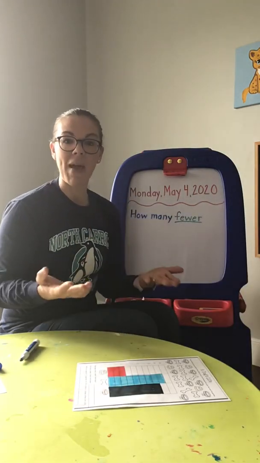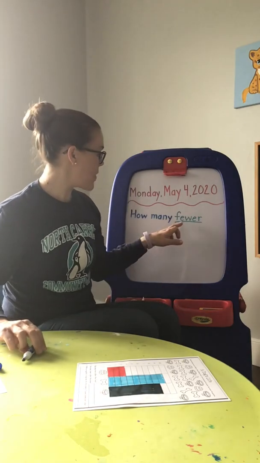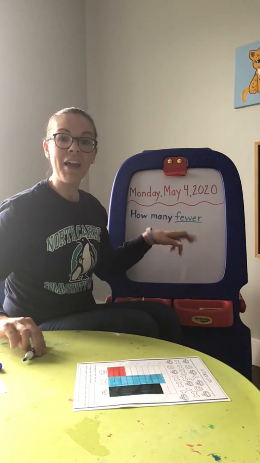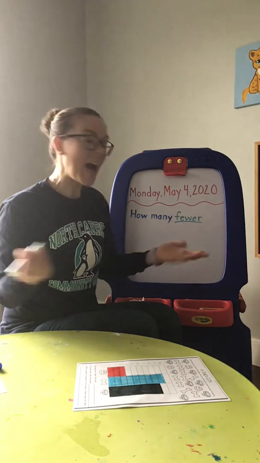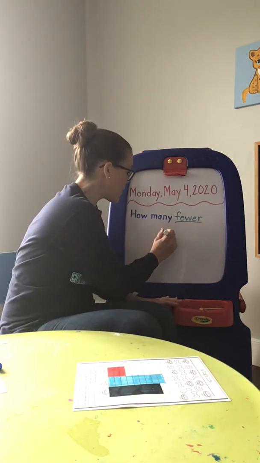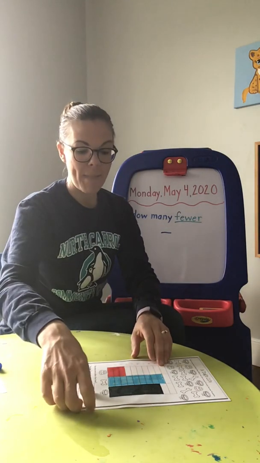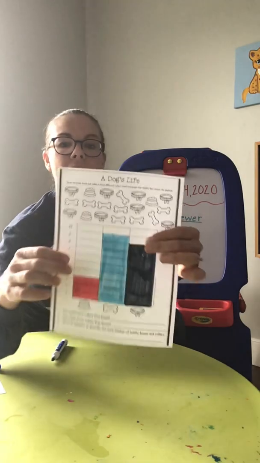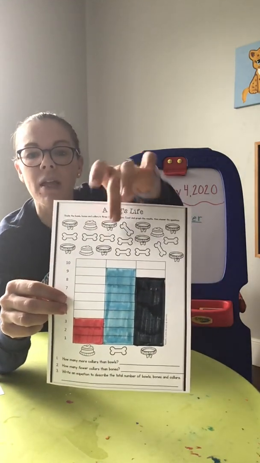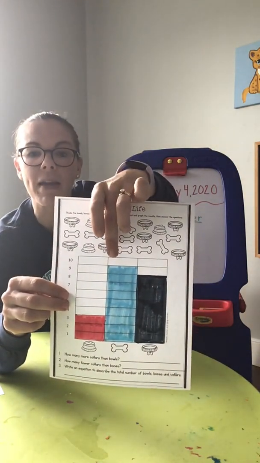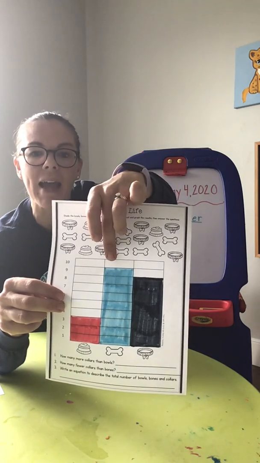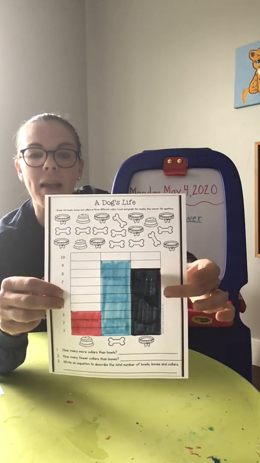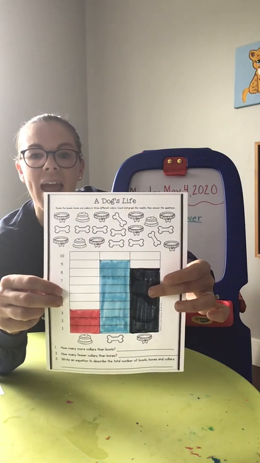Just like how many more, anytime you hear the words how many fewer, you're going to subtract, all right? So my equation would be my biggest number, so if I'm comparing how many fewer collars than bones, I'm going to take my number of bones, which is 9, minus my number of collars, which is 8.